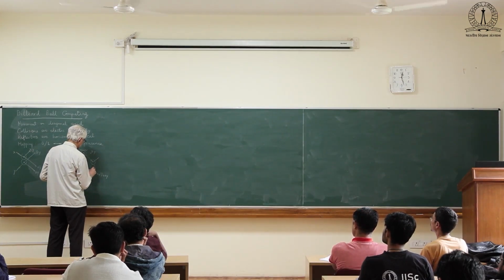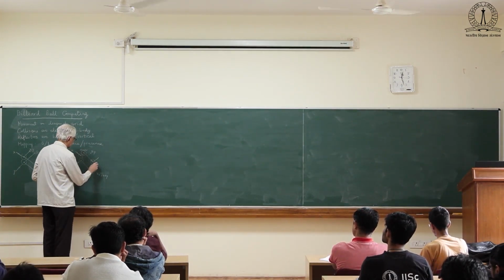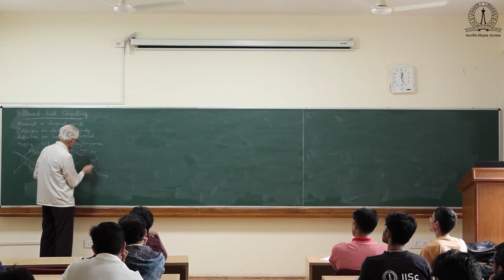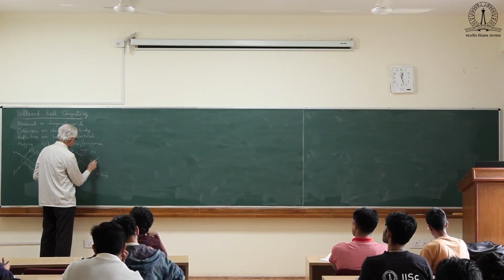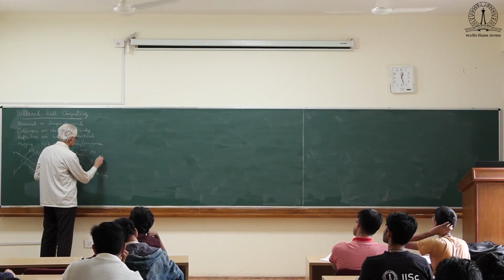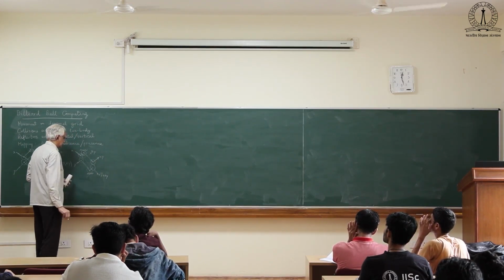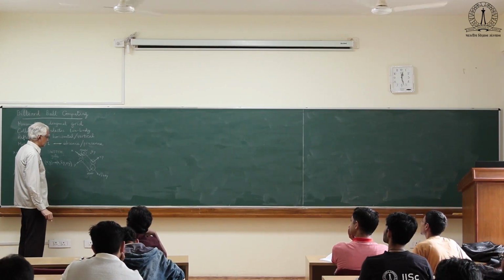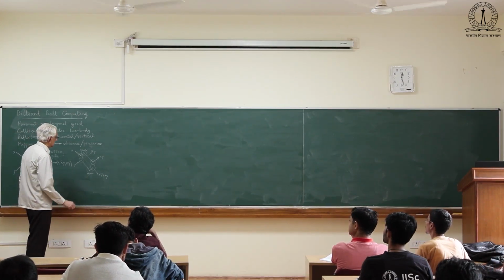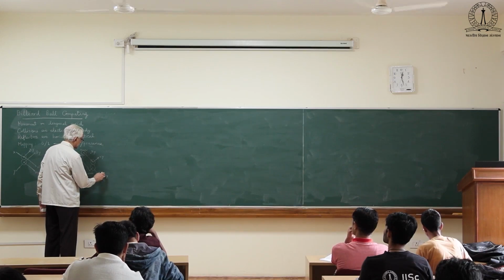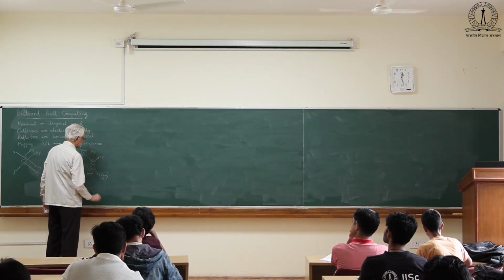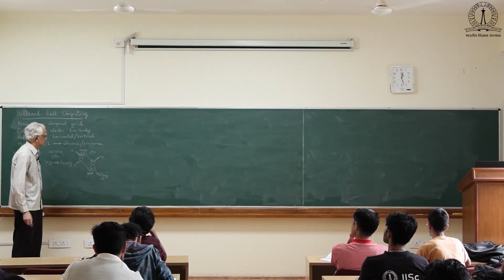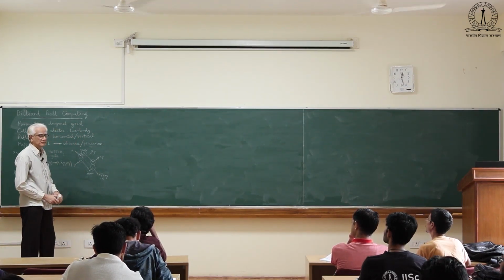So after the collision, this one lands up in this direction, and this one lands up in this direction. So the result is this, and this combination is x, y bar and y add up to 1.